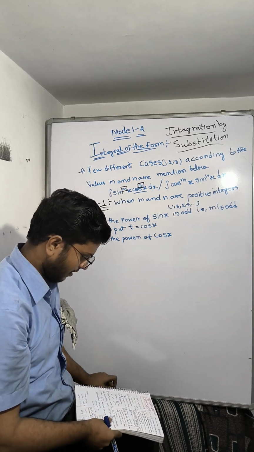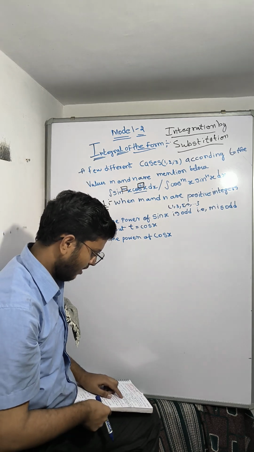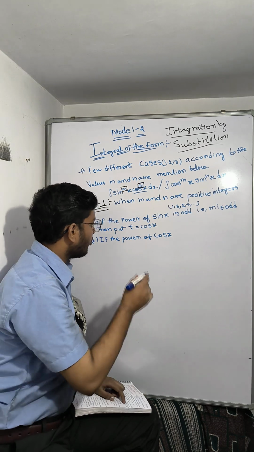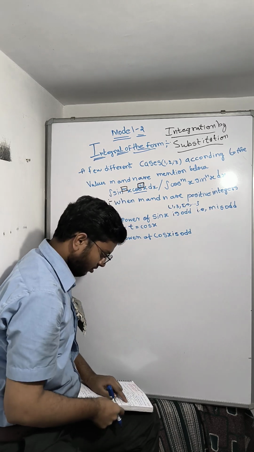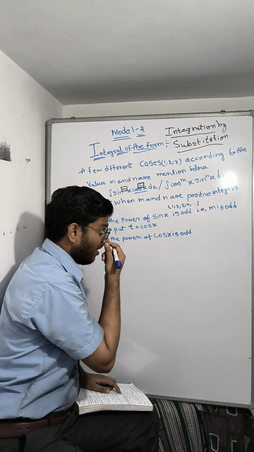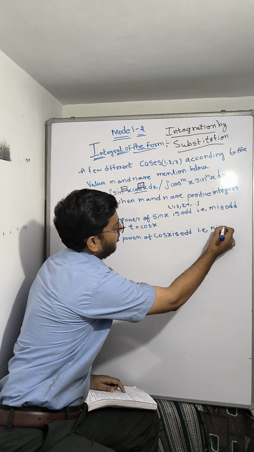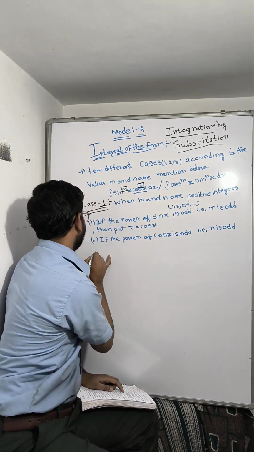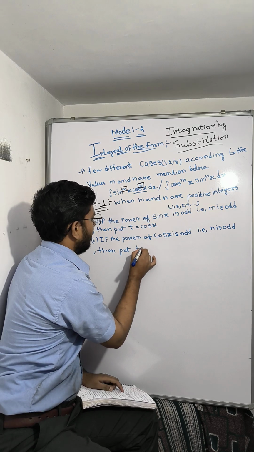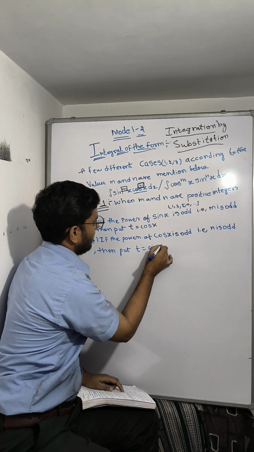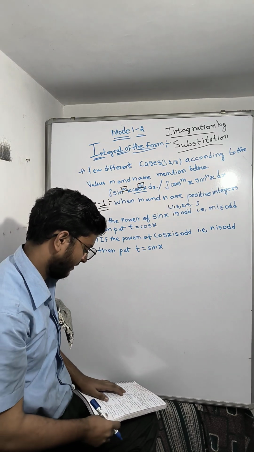If n is odd, again saying odd means 1, 3, 5, 7. If the power of cos x is odd, therefore n is odd. Then we have to put t is equal to sin x.